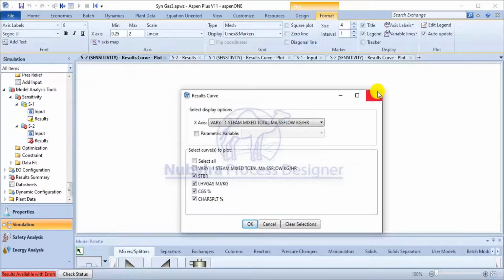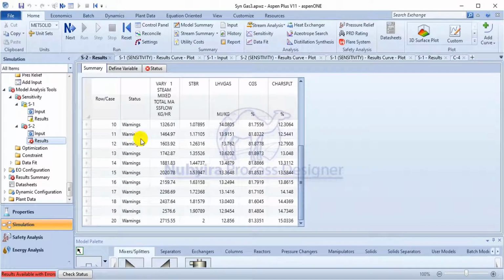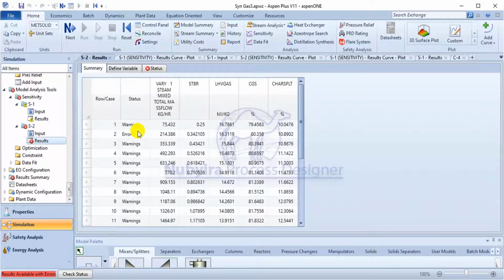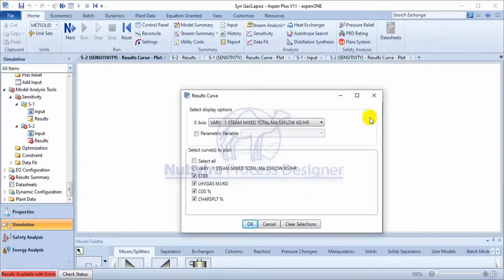Okay, this one is showing result. It's showing earlier. I think it is just this case study two that is showing the error. I'll try to adjust the flow sheet a little bit.